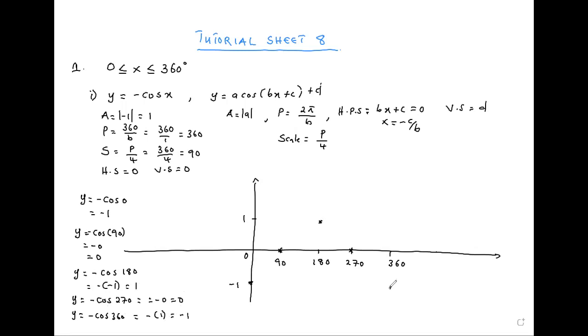So we have a point negative 1. So now we can sketch our graph. It goes this way, touches there, comes down all the way up to 360. This is the graph of negative cos x.